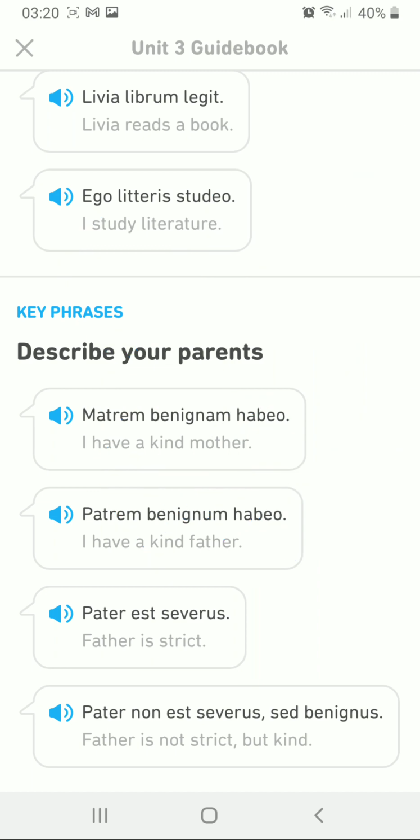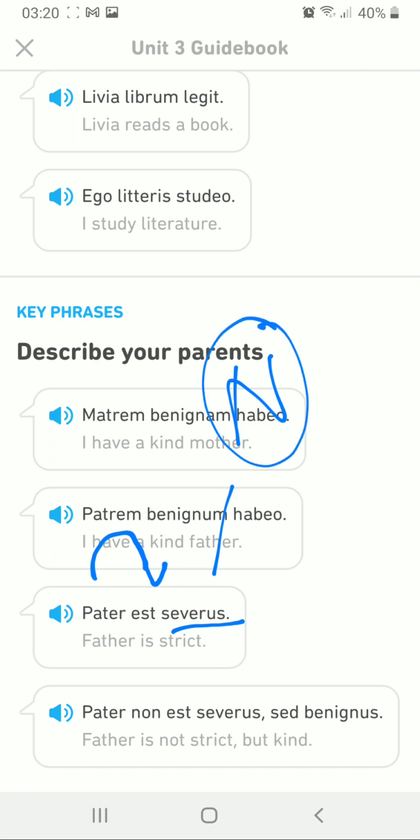So it is pater who is severus. And Severus also is in nominative. Both of them are in nominative.